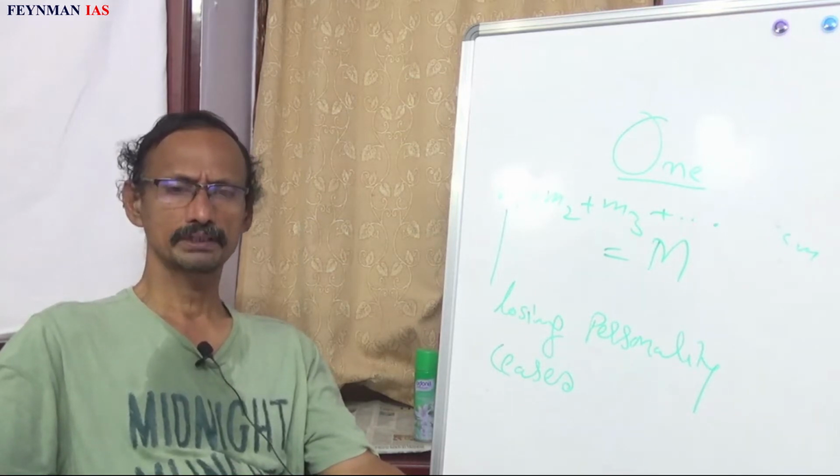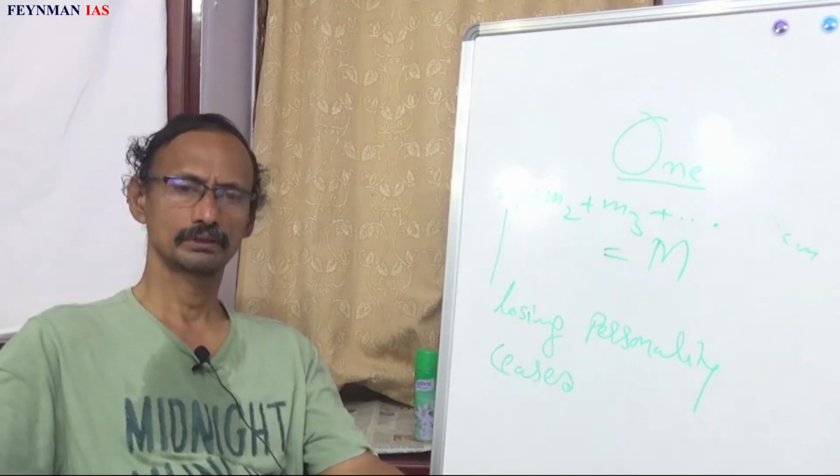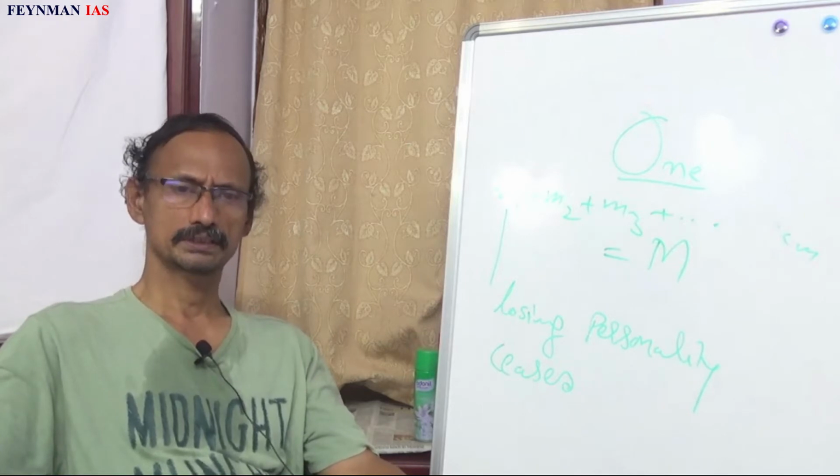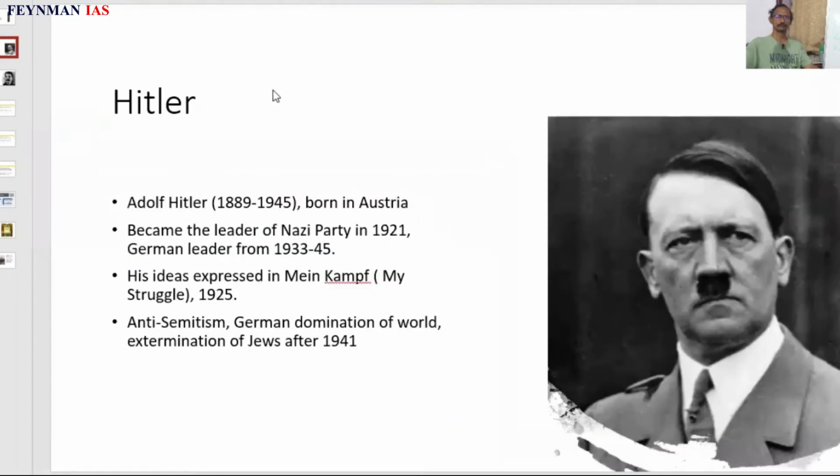Is there some reason why these two ideologies should be clubbed under one? Yes. For example, Hitler was born in Austria, became the leader of the Nazi Party in 1921, and was German leader from 1933 to 45. His ideas were expressed in Mein Kampf, 1925.